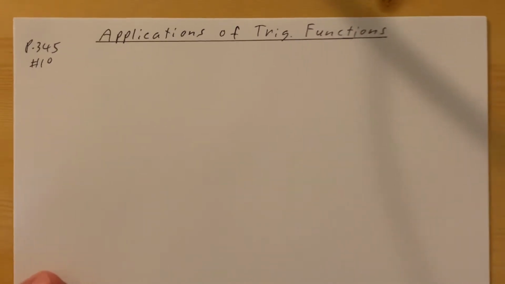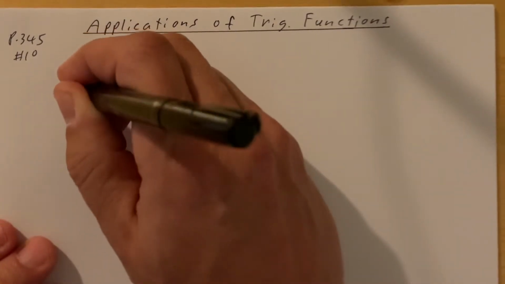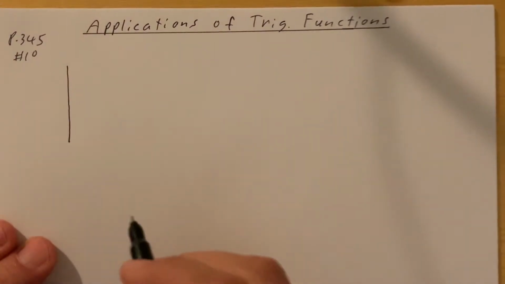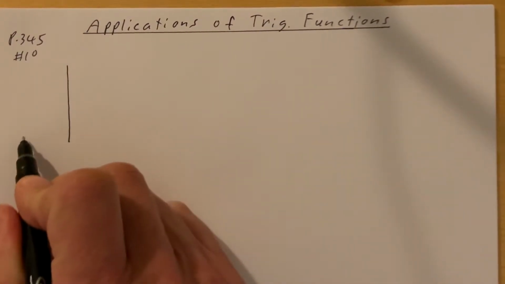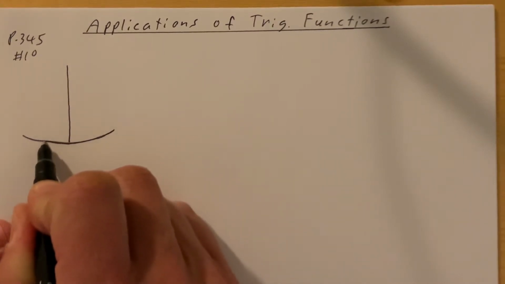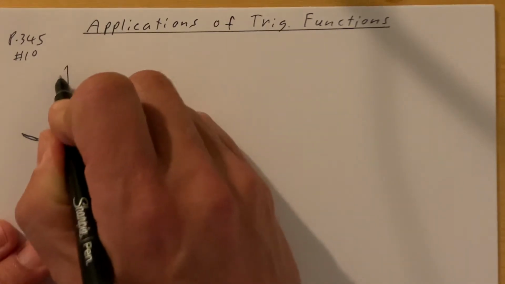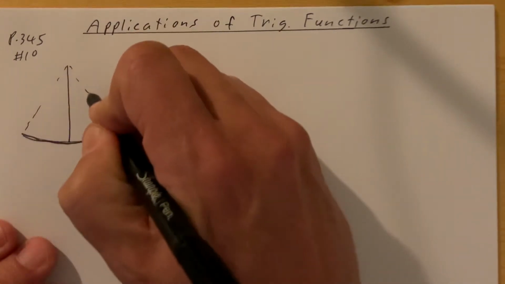So a pendulum. Let's get the camera back here and back in focus. Say that's the pendulum hanging down, that's the swing rope, and then the pendulum goes through a motion like this, back and forth, from one end to the other.